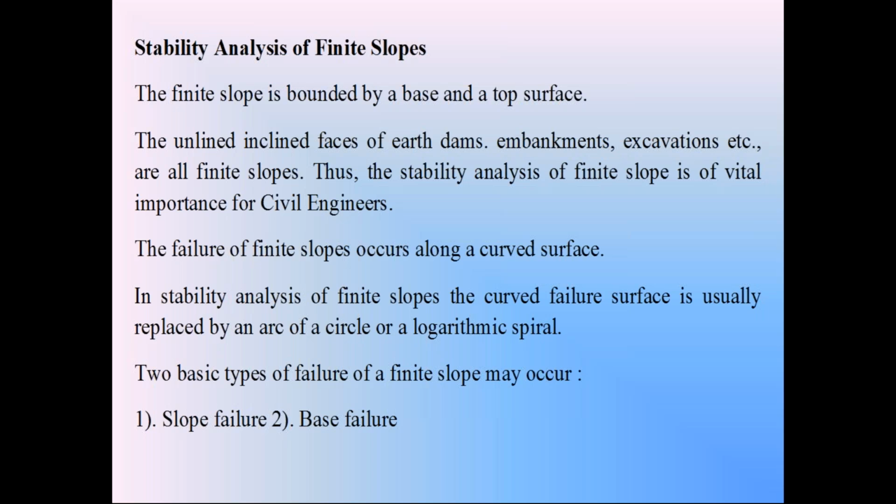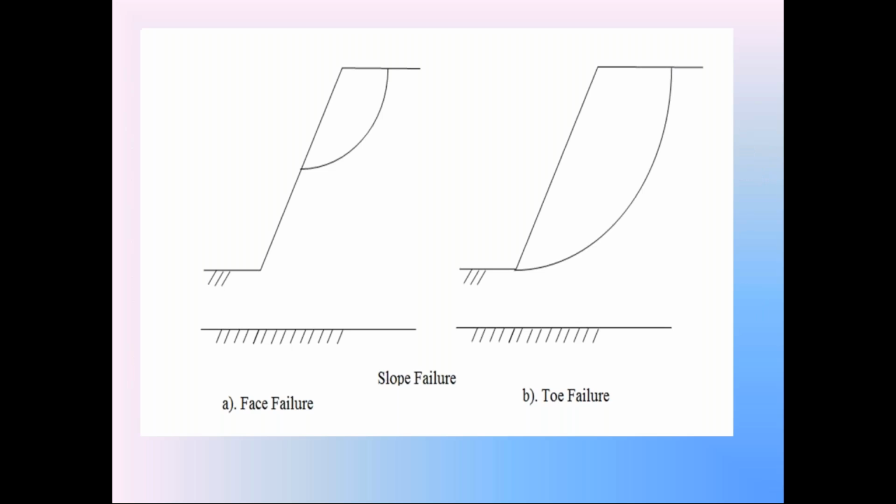You know that the rotational failure again has three types. One is called face failure, the next is called toe failure, and the third is called base failure. So in the rotational failure, we have three types in a finite side slope. One is the toe failure.